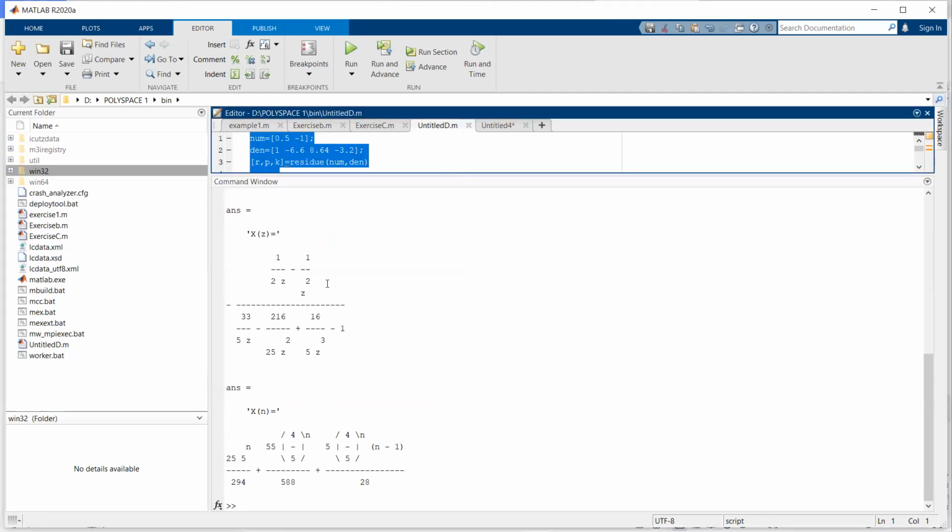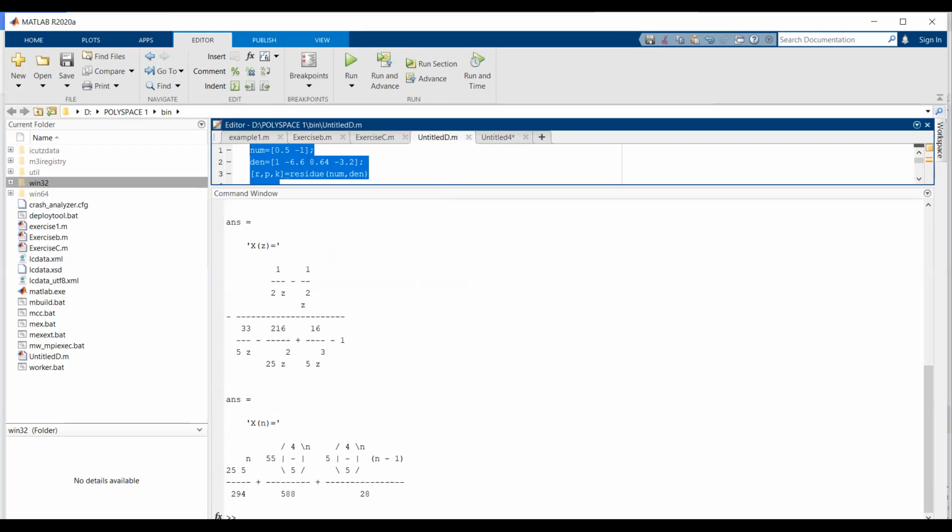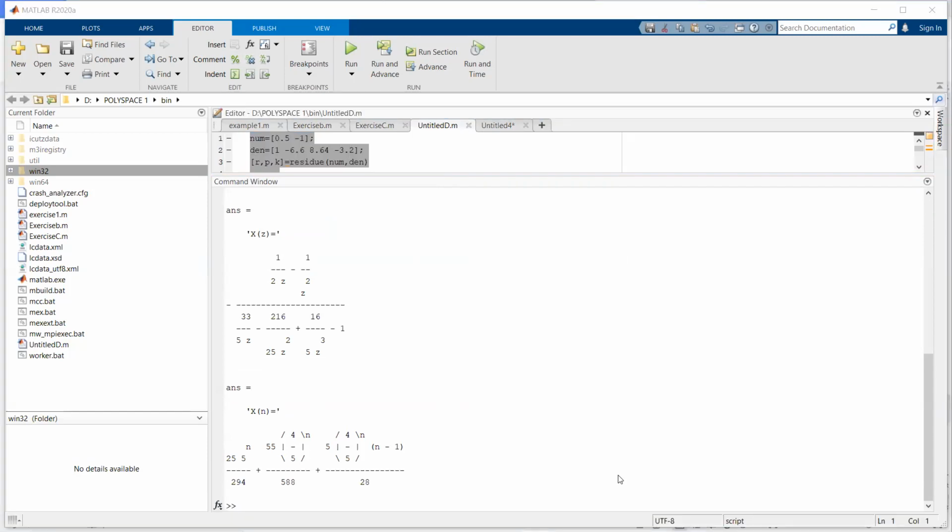For the Z transform, we will have the equation with the position of the poles and zeros. So we have a zero and a pole outside the unit circle. What do we mean? It means that it is unstable. Why? Because it has a pole and zero outside the unit circle.